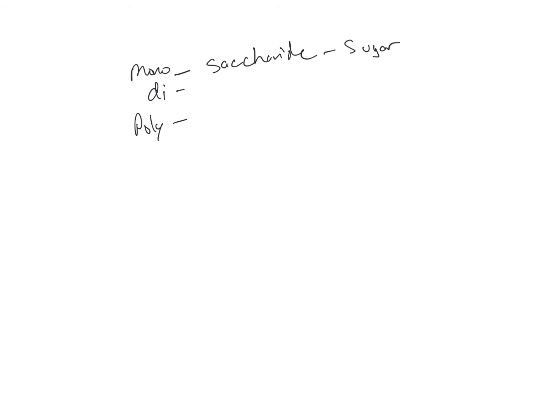So sugars are sort of classified most simply as having ring structures. So for example, you would see a 6-membered ring like this, and this could be glucose. You could have a 5-membered ring, and that could be fructose.